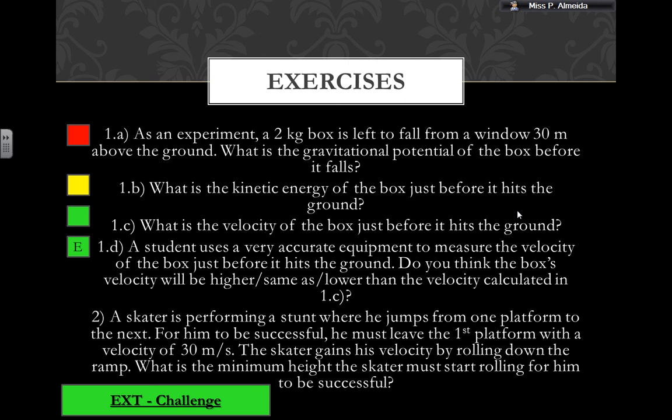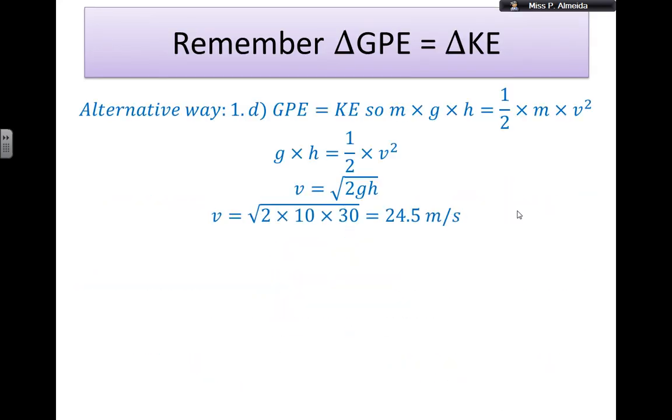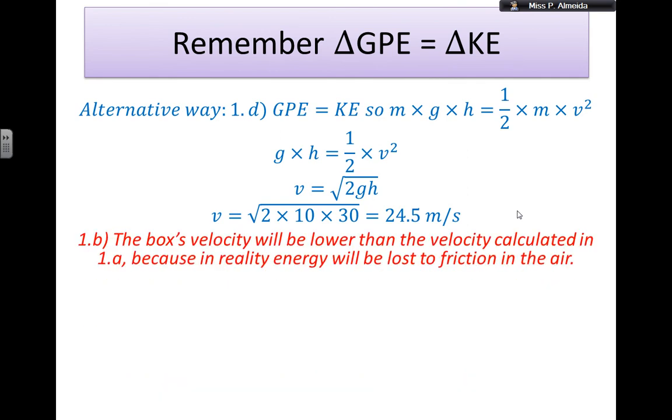1D, a student uses a very accurate equipment to measure the velocity of the box just before it hits the ground. Do you think the box's velocity will be higher, the same as, or lower than the velocity calculated in the question before in 1C? Now, I calculated that the velocity should be 24.5 meters per second.